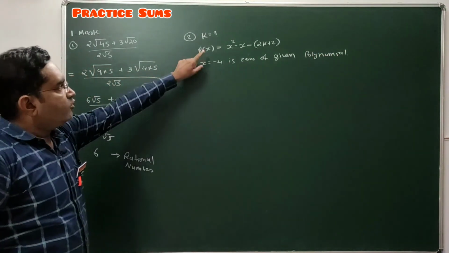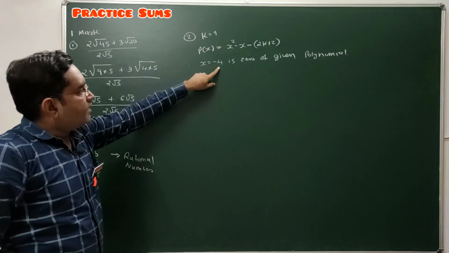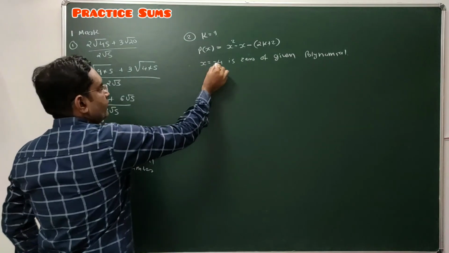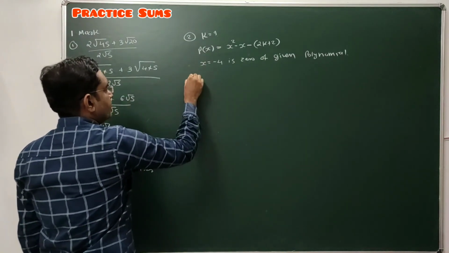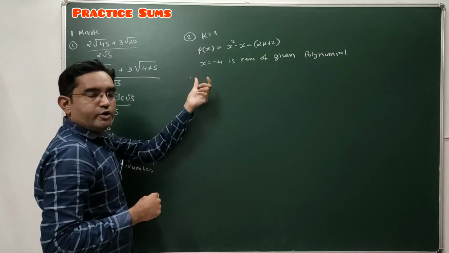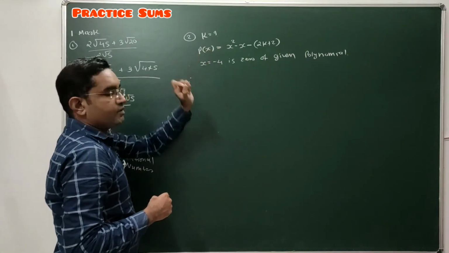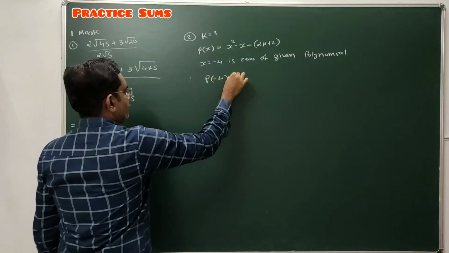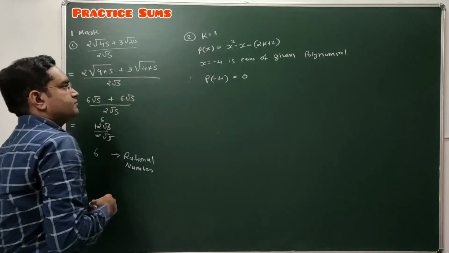So we have to find the value of k. Since x equal to minus 4 is a zero of this polynomial, the value of the polynomial for x equal to minus 4 is 0. So p of minus 4 is 0.